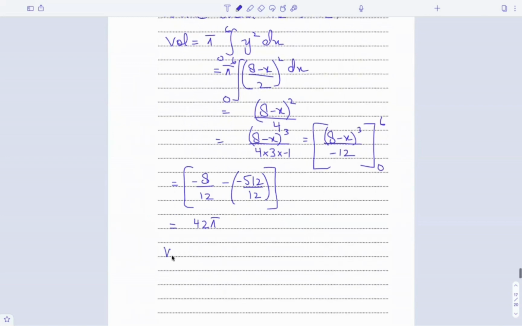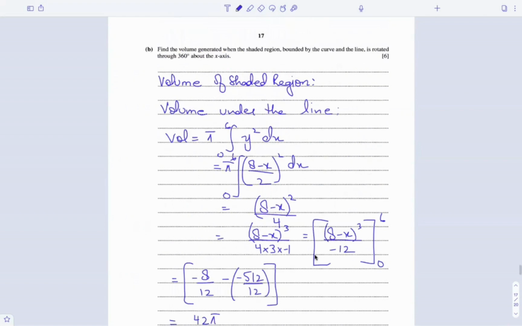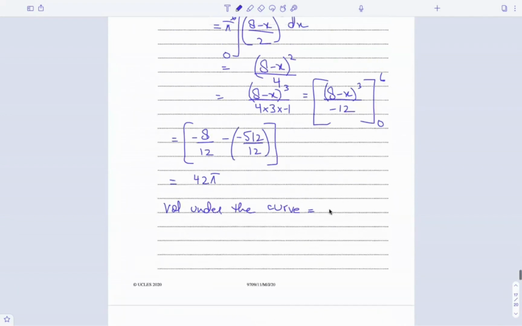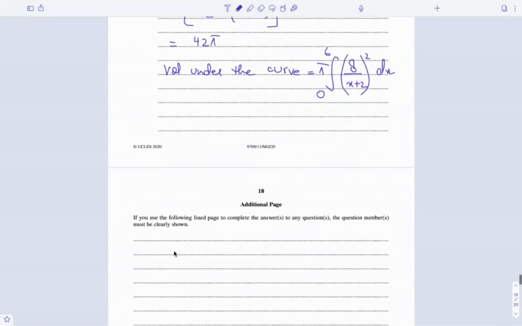Now for the volume under the curve, the equation of the curve is 8 upon x plus 2. First we square this, and then we integrate, taking the limits as 6 and 0 again. This becomes 64 into x plus 2 to the power minus 2, with limits 6 and 0.